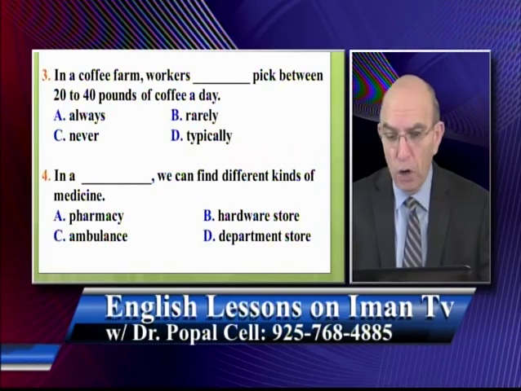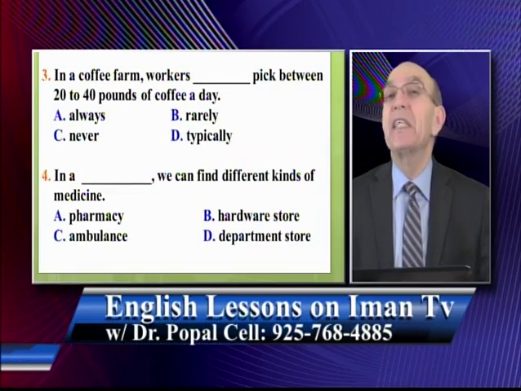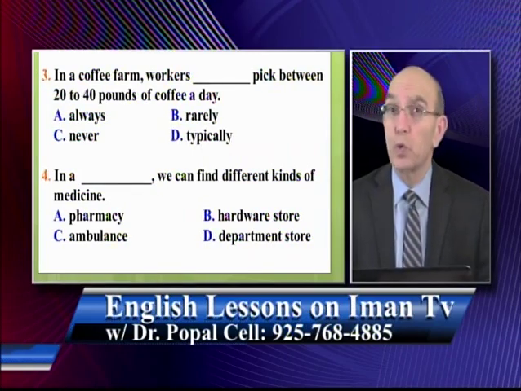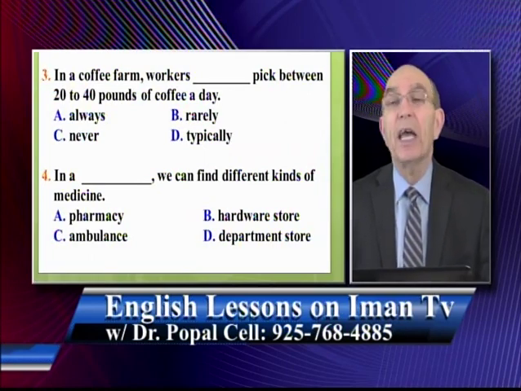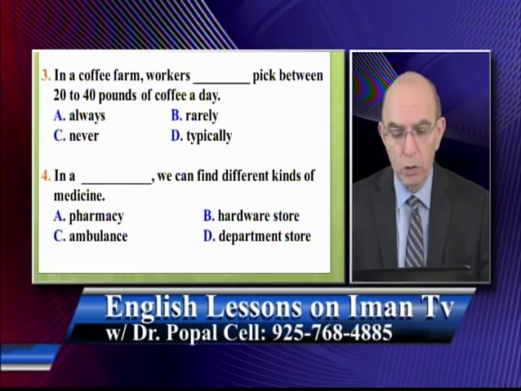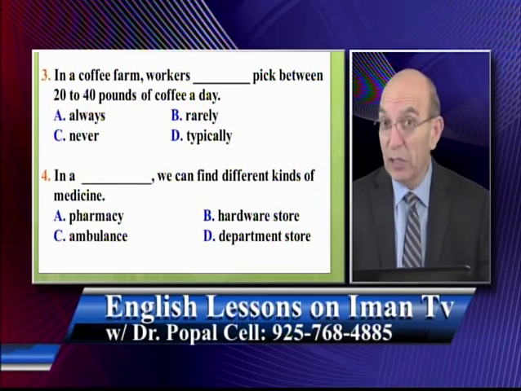In a coffee farm, workers pick A, B, C, D. We studied these words like always, usually, often, sometimes, rarely, seldom, and never, like probably 4 or 5 weeks ago. So I want to see if you still remember the meaning. The correct answer is what?